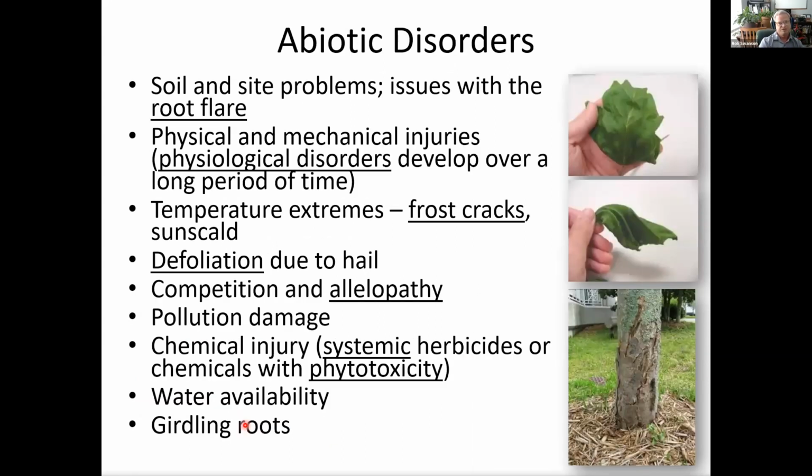Some examples of abiotic disorders: soil and site problems, issues with the root flares, physical or mechanical injuries, physiological disorders that develop over a long period of time. Temperature extremes, you can have frost cracks or sun scald or total vascular degradation, as we saw an example of in the big freeze. Defoliation can be due to hail.